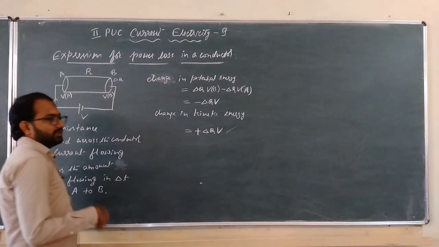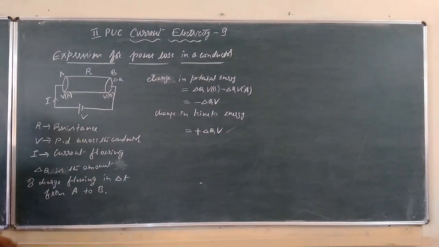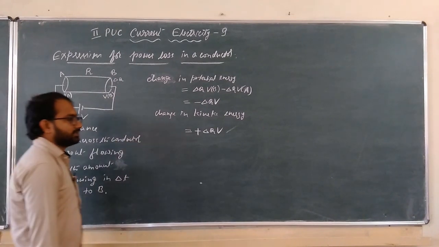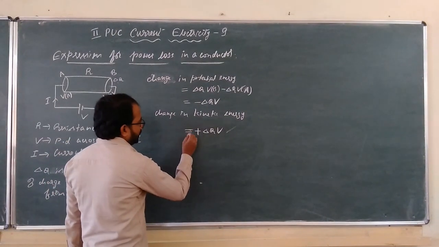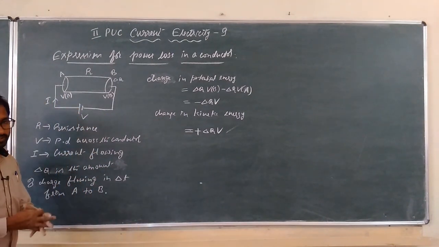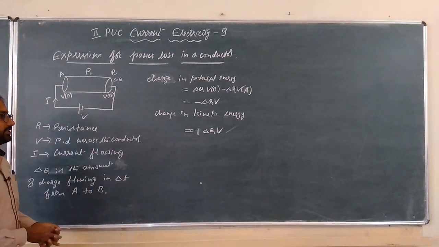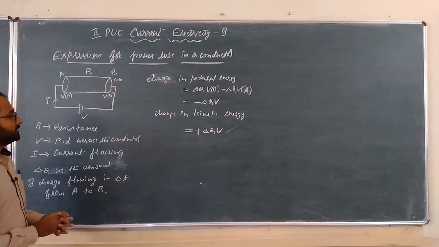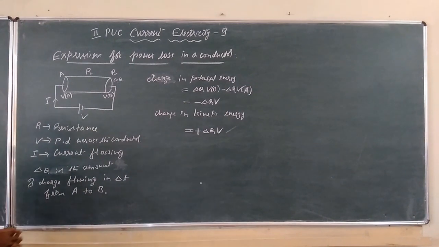But since there are collisions, the kinetic energy of the charges does not increase. Due to collisions, the gained kinetic energy is lost in the form of heat. That is called Joule heating. The electrical energy is dissipated in the form of heat.